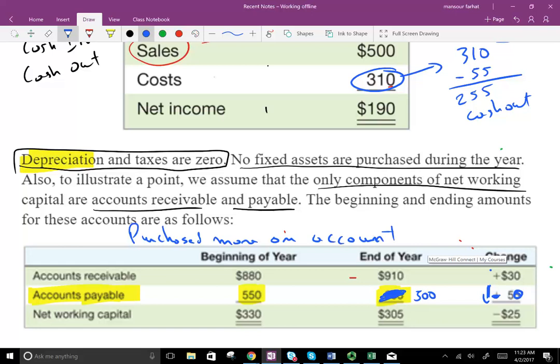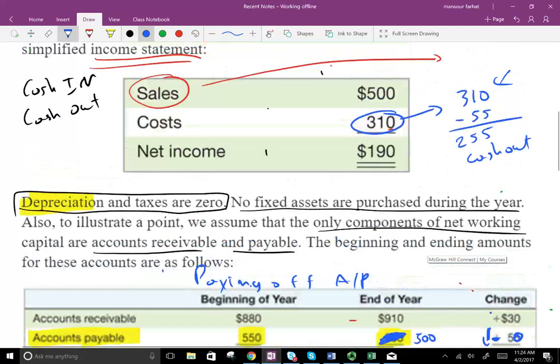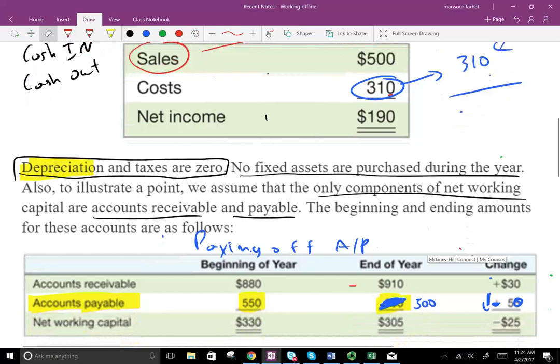Well, what does that mean? If your accounts payable is going down, it means you are paying off accounts payable. Well, what does that mean from our perspective? It means your cost was 310. Then in addition to the cost, you paid off $50 of accounts payable. It means your cash outflow is 360.